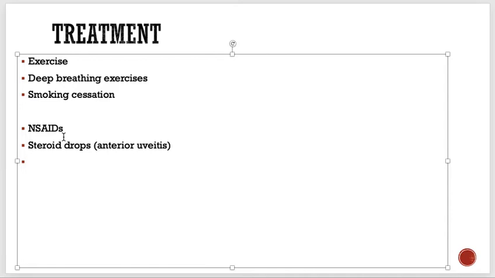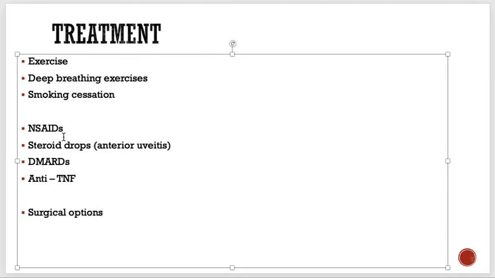Now, if they develop peripheral arthritis, like the small joints of the hands, we treat it like rheumatoid arthritis, and we can give them DMARDs. Nowadays, of course, new agents are available, which I discussed in rheumatoid arthritis, anti-tumor necrosis factor. And chronically, because these patients get restriction of movement and multiple other problems, we can go for surgical options.